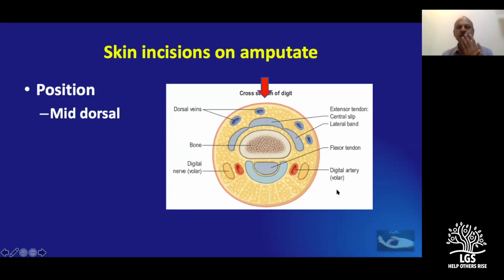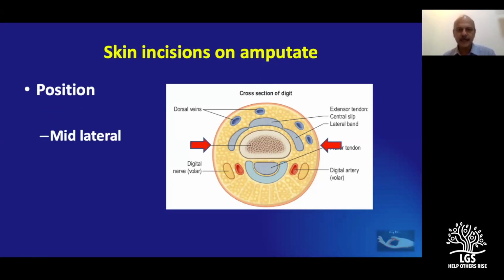When there is an amputation on the forearm or when there's an amputation of the hand, the veins on the dorsum are quite simple to get. But in the finger, it's slightly different. The incision that can be made on the amputate can be either mid-dorsal for the veins, mid-volar for the arteries, like this, the incision is made here, or mid-lateral.